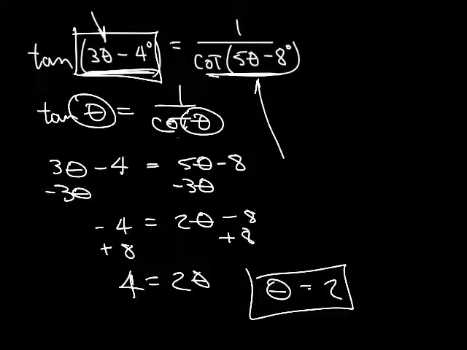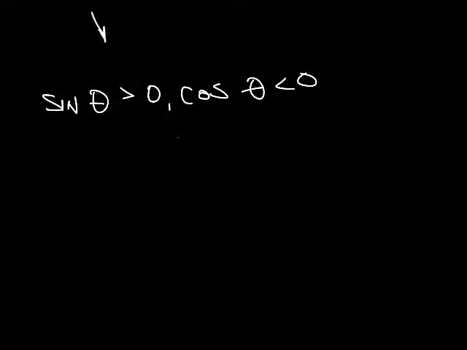Jump down to 27 through 32. Identify the quadrant or quadrants to make that true. So they want to know what quadrant, 1, 2, 3, or 4, those trig functions are going to be in. When sine of theta is greater than 0 and the cosine of theta is less than 0.